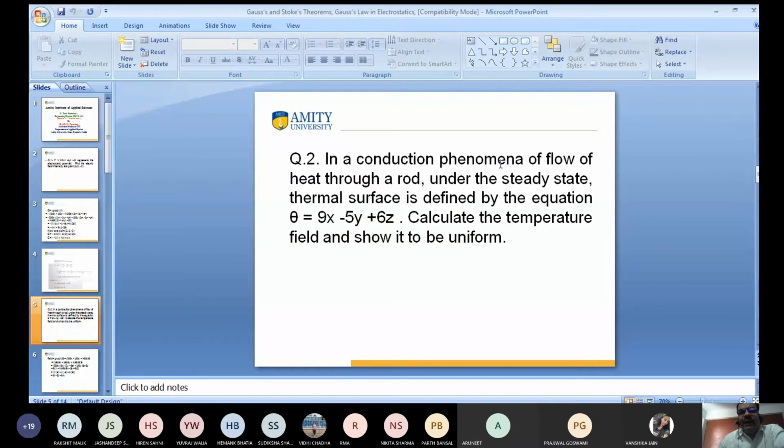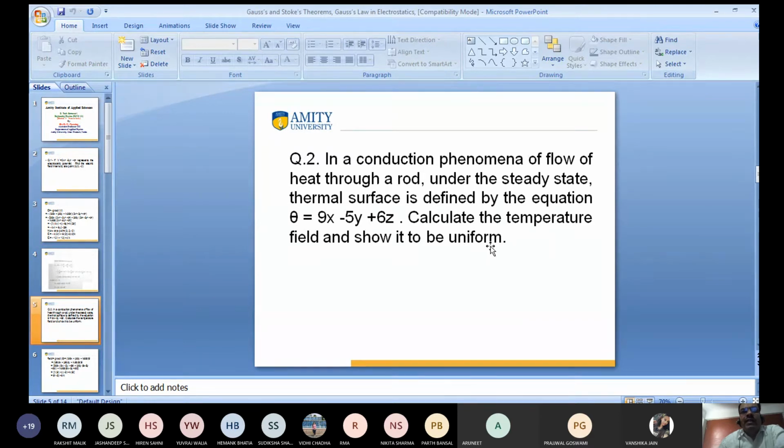In a conduction phenomenon, a flow of heat through a rod under the steady state thermal surface is defined by the equation theta is equal to the given expression. Calculate the temperature field. Temperature is a scalar quantity, so temperature field means we want to calculate the gradient of theta.